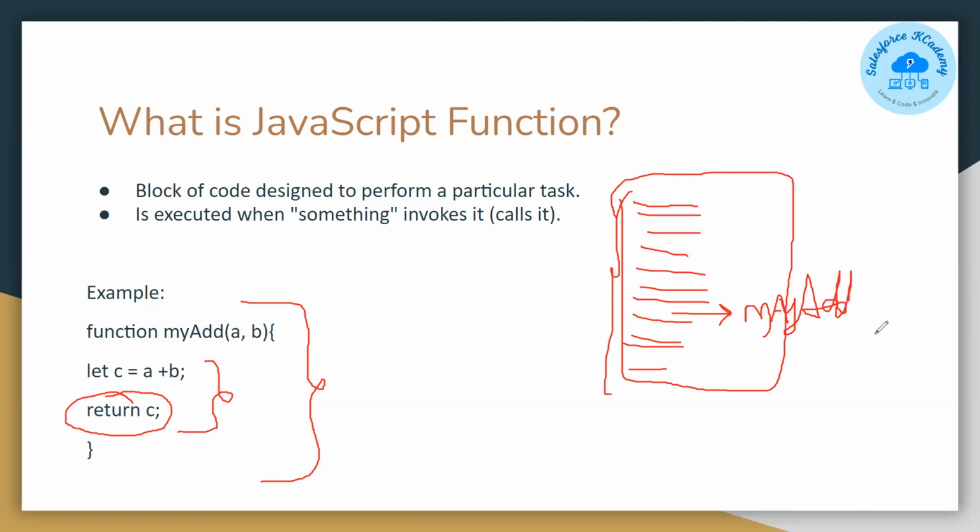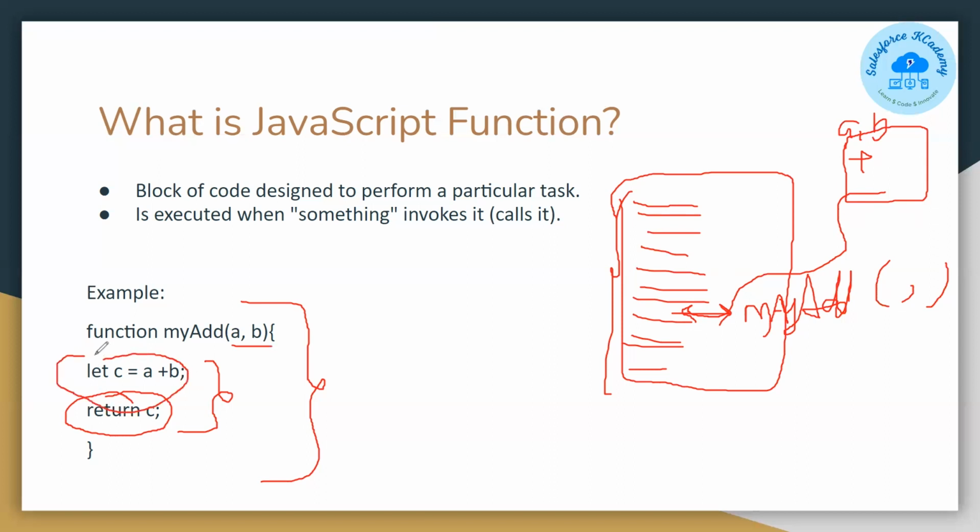Then what the computer will do is execute it. What is there in my add? It should take two values, A comma B. So it will take two values A, B, then add them, then return the value to the main calling place. From wherever it is called, there only it will return back. But before returning, it does the task it has been assigned to do.